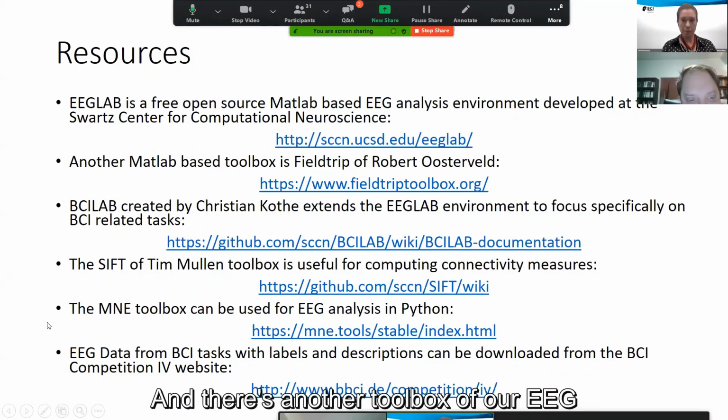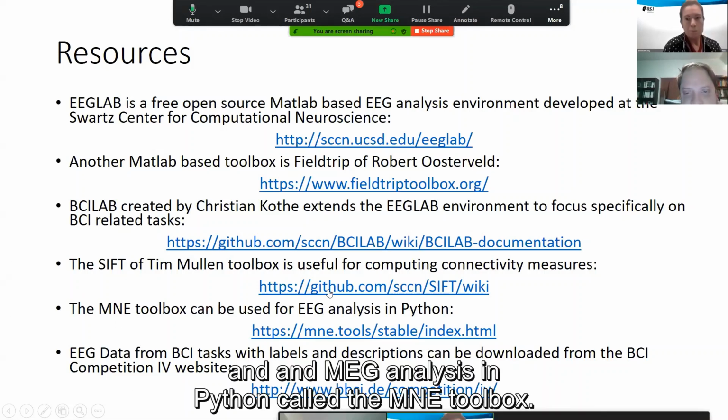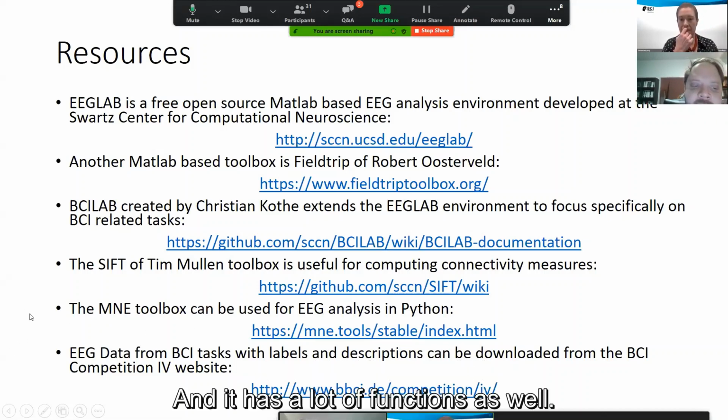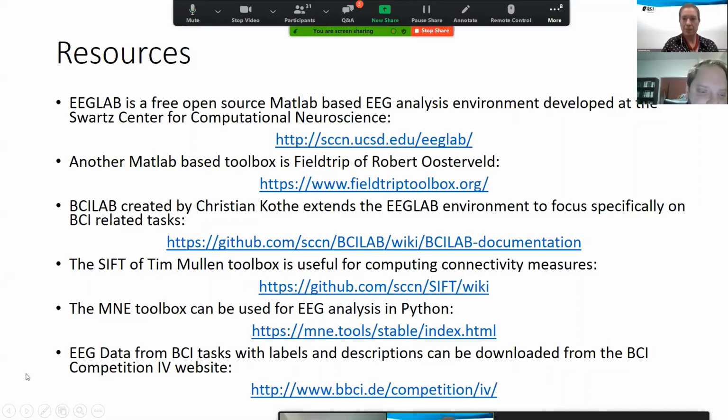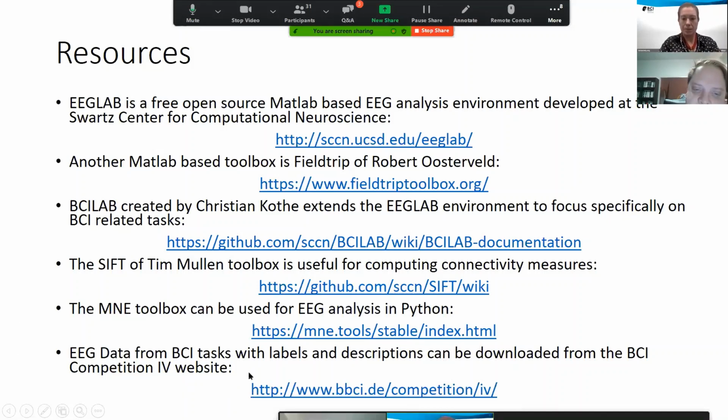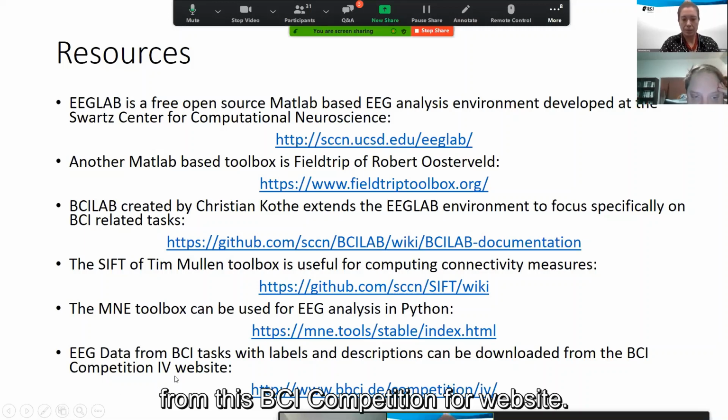And there's another toolbox for EEG and MEG analysis in Python called the MNE toolbox, and it has a lot of functions as well. And you can find a lot of EEG data and BCI tasks with labels and descriptions from the BCI Competition 4 website.